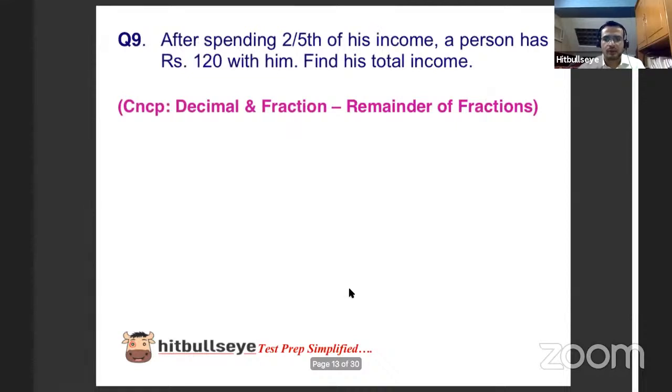Okay, I have a quick question. After spending 2/5 of the income, a person has 120 with him. Find his total income. This is a quick one. I'll give you a quick 20 seconds to please tell me the answer in the chat window. Okay, Ritvik has given 300 as the answer.